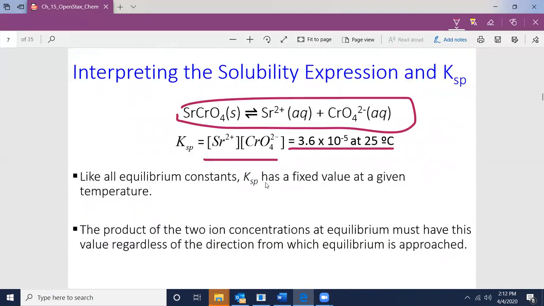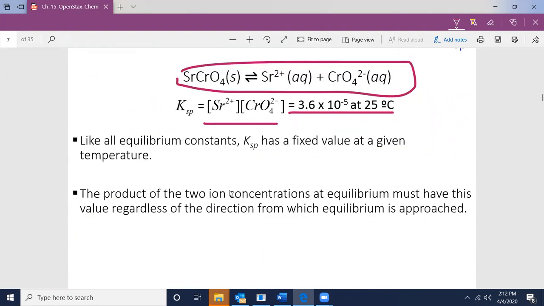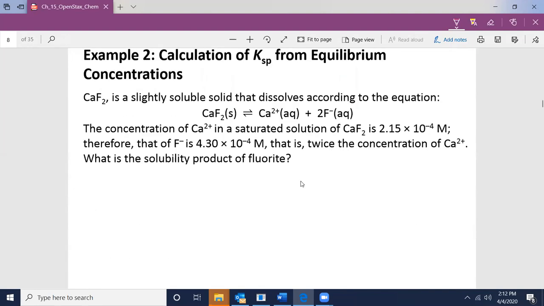Like all equilibrium constants, KSP has a fixed value at a given temperature, because temperature is the only thing that affects equilibrium, right? The product of the two ion concentrations at equilibrium must have this value regardless of the direction from which equilibrium is approached. The direction is not a problem here, okay? So that is the value that's going to be the one for it.